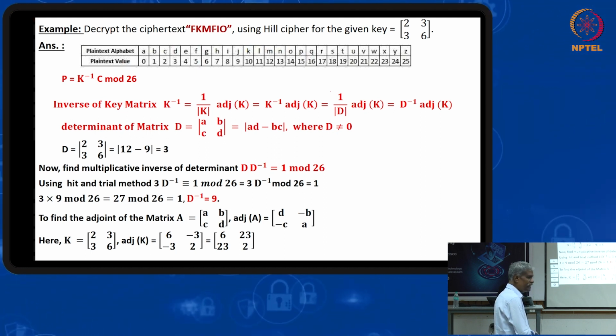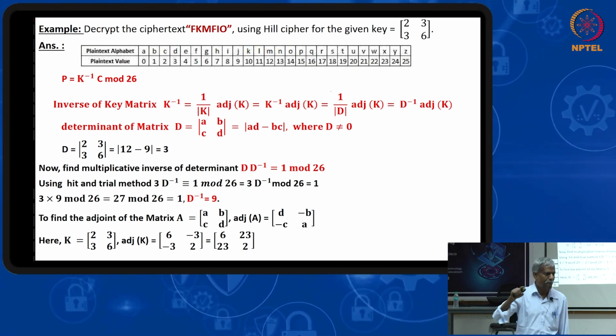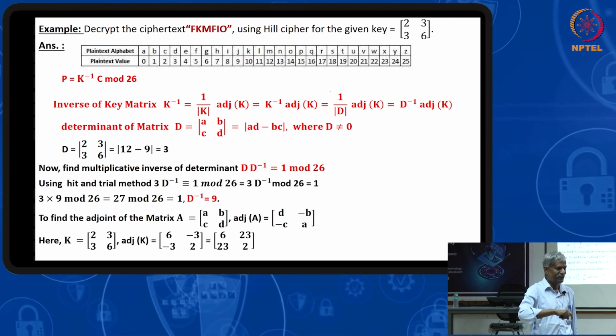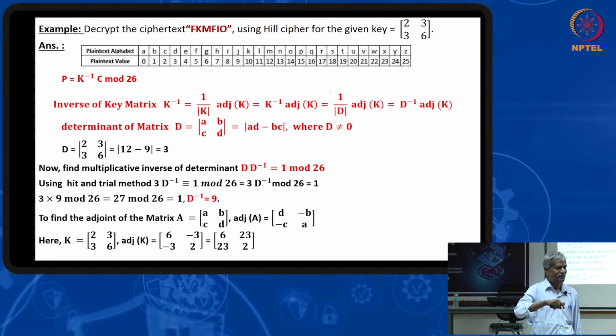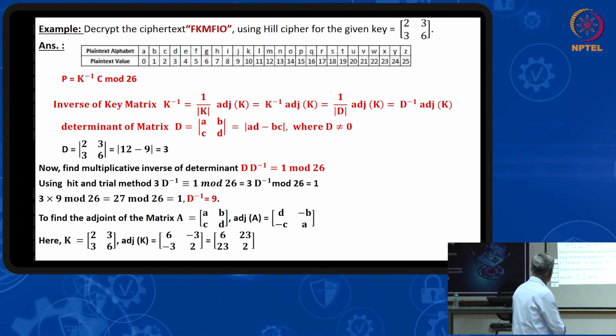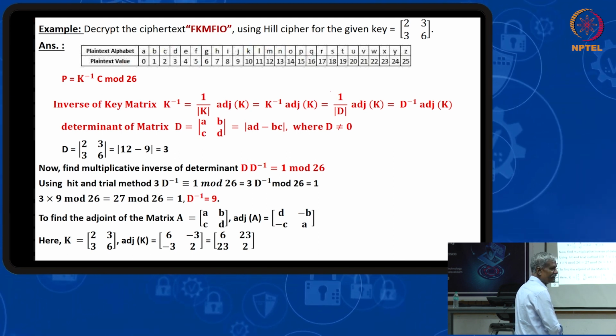Now A11, 1 plus 1 is an even number, therefore you have to put positive. A12, odd number, you have to put negative. A21, negative. A22, positive. That is why in the result also, here and here positive, here and here negative.